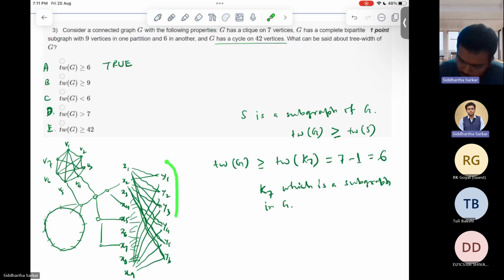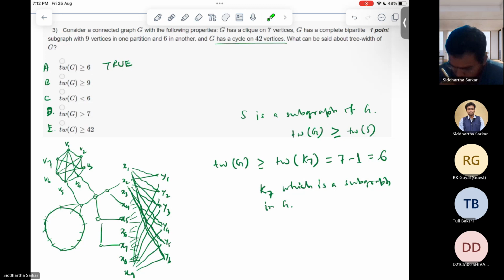So how about looking at it this way? Consider this part of the bipartite graph which has 6 vertices. Now every yi is connected to 9 xj's. Yes, that's true.